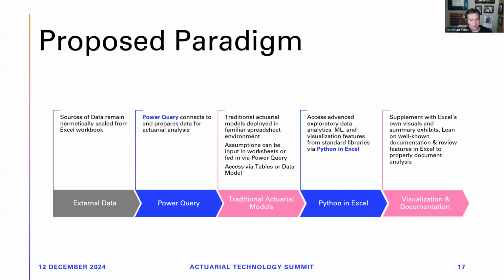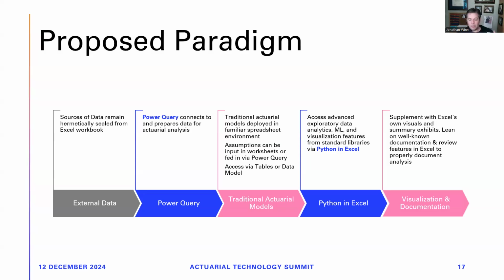Once the data is in the spreadsheet, if it's in the table, the data model, a pivot table even, you can proceed forward with your actuarial models. Maybe you can even feed parameters into Power Query by a control panel within the workbook to direct it to the proper data files to input.